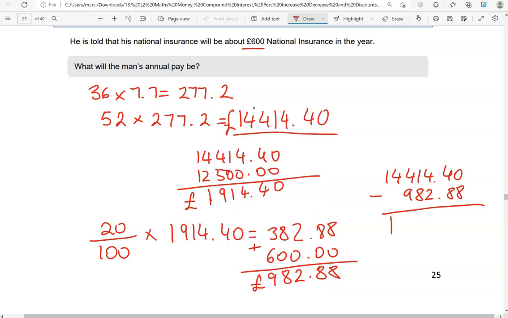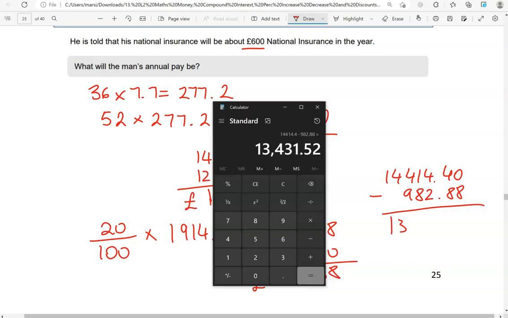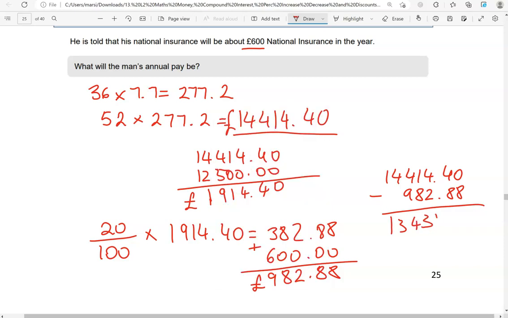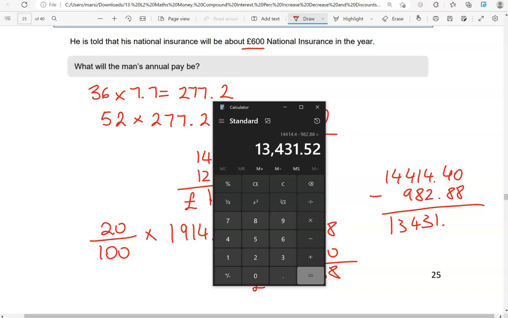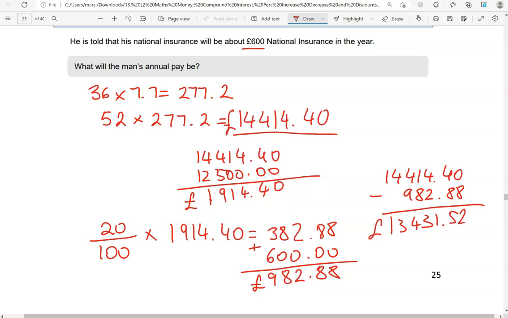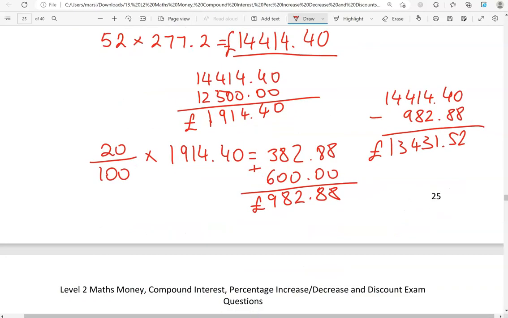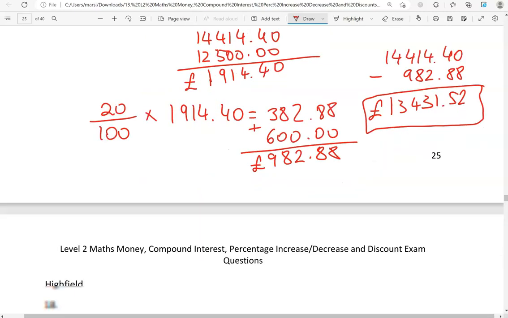That is 13,431.52. That's the take-home pay.